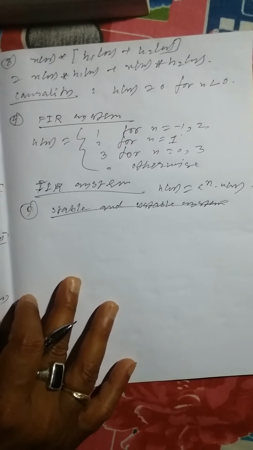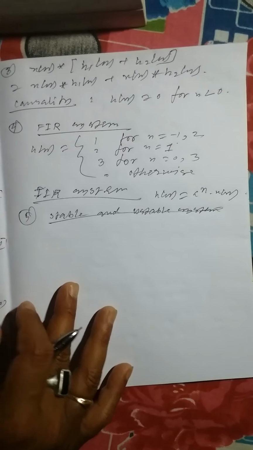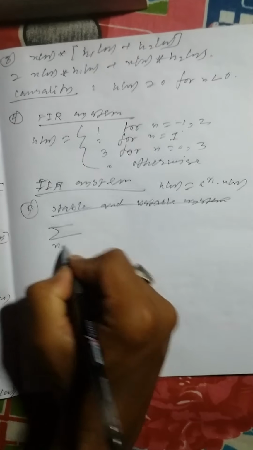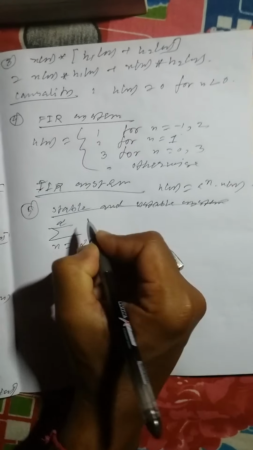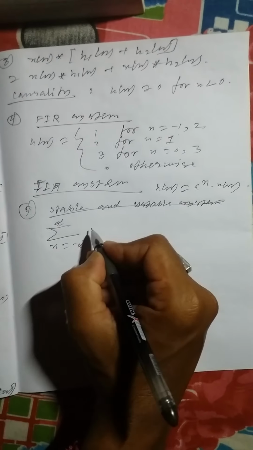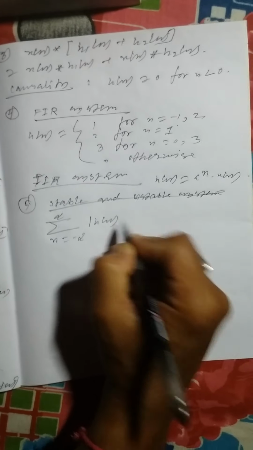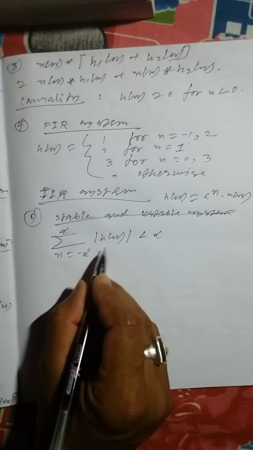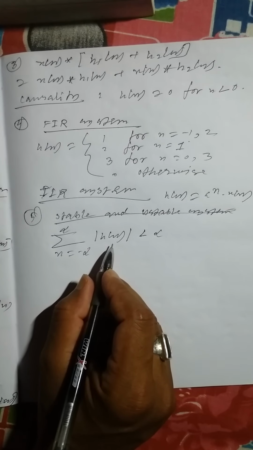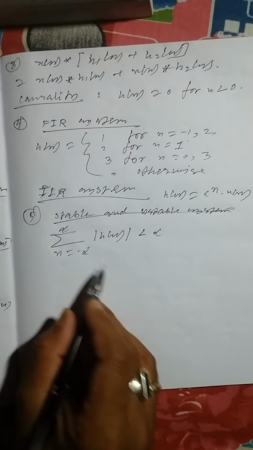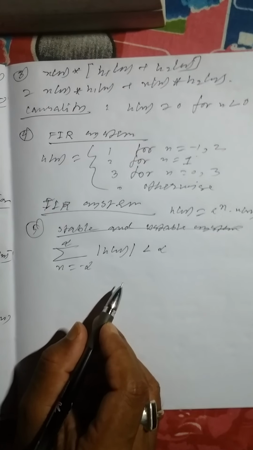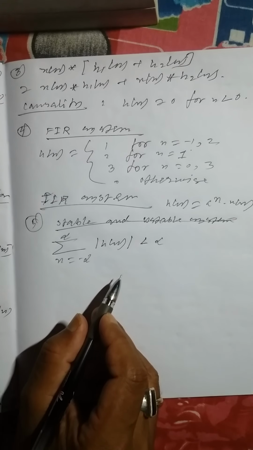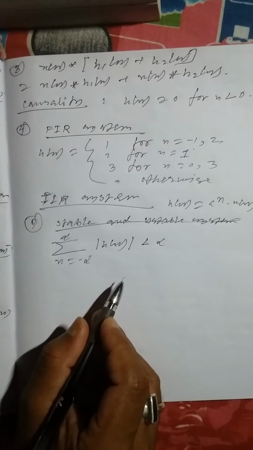The necessary and sufficient condition for a system to be stable is that the summation of n equal to minus infinity to infinity of the modulus of h[n] should be less than infinity, where h[n] is the impulse response of the system. If a system satisfies this condition, then it is said to be a stable system.